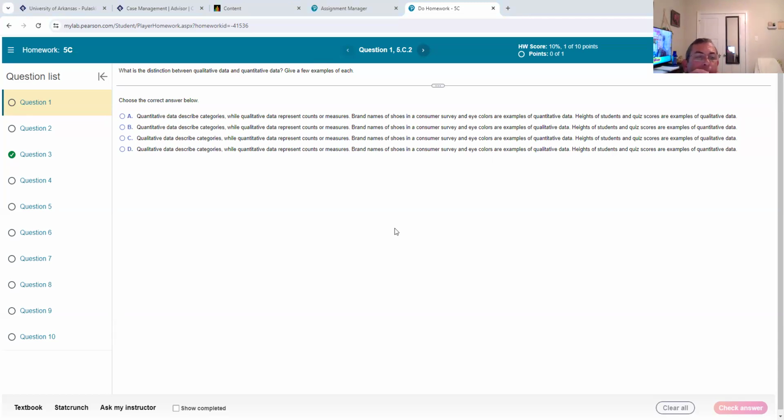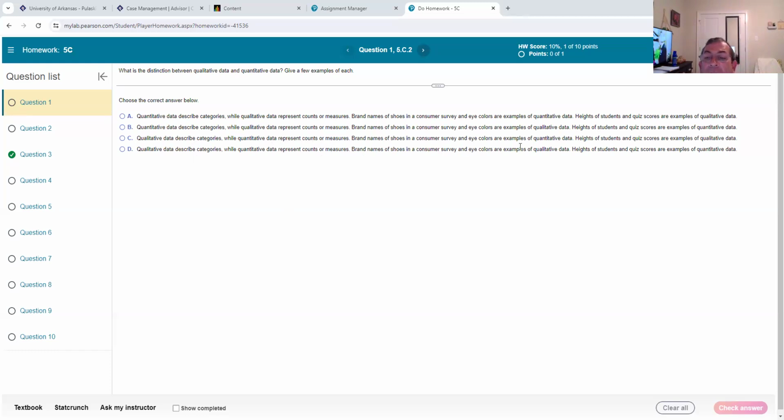So let's see. C says brand names of shoes and eye colors are examples of quantitative. But y'all remember, we just said quantitative represents counts or measures. Qualitative describes categories.